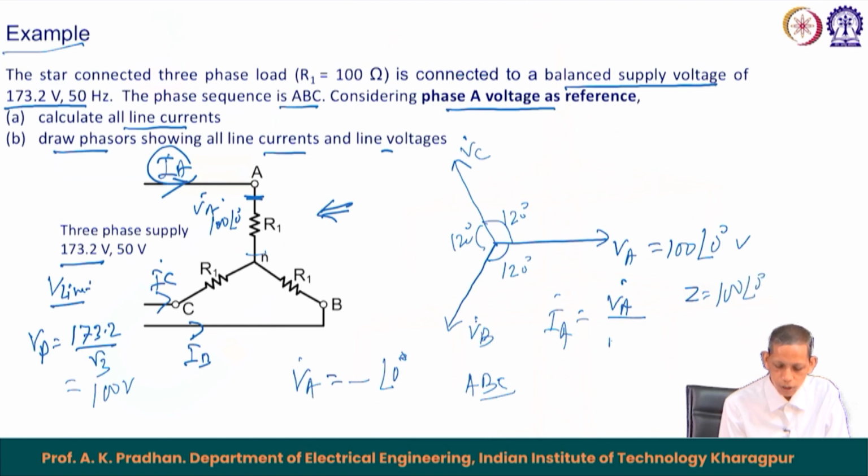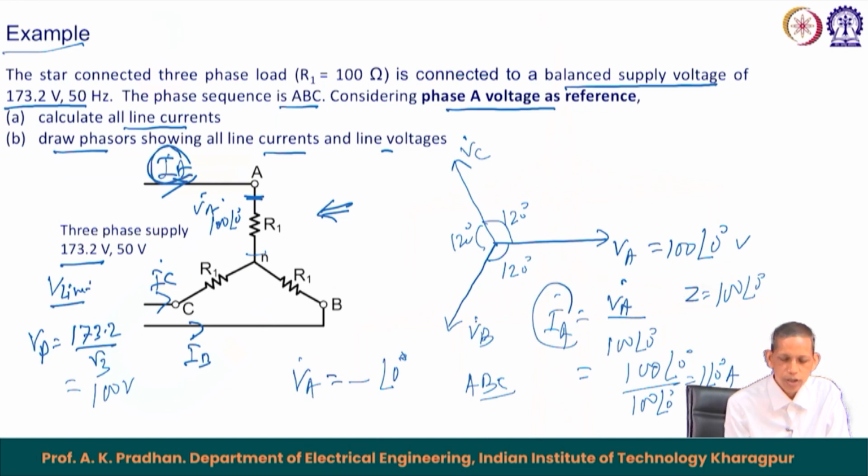So, this becomes 100 with an angle of 0 degree divided by 100 with an angle of 0 degree, which gives us 1 with an angle of 0 degree ampere for the I A phasor. This I A is the line current and the same as the phase current, because the current through R 1 will also be the same, as we see by applying KCL at node A.